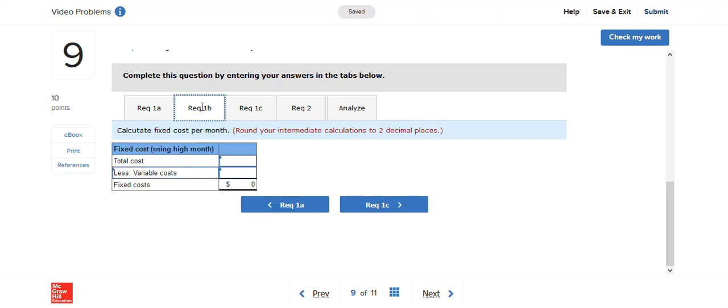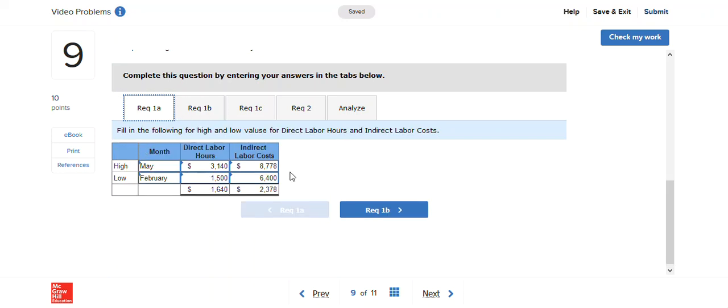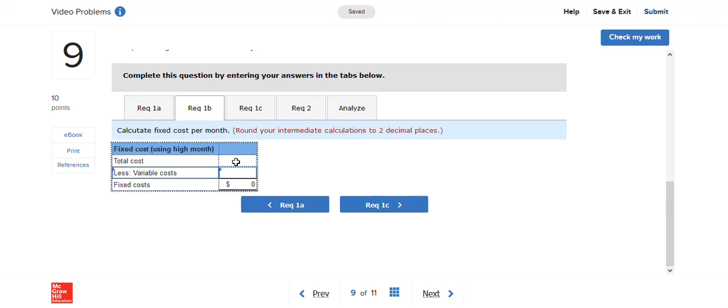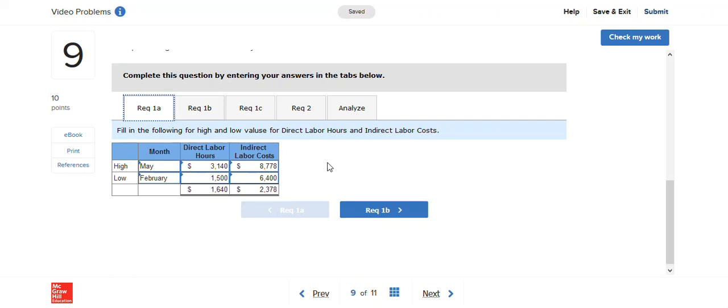We're going to use the high month. So the total cost for the high month for indirect labor is $8,778. And then we need to subtract out our variable cost to figure out our fixed cost, but we've got to do a calculation to do that.